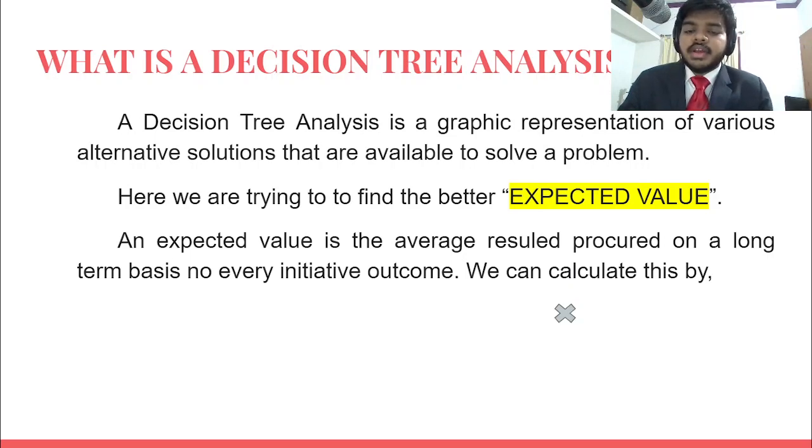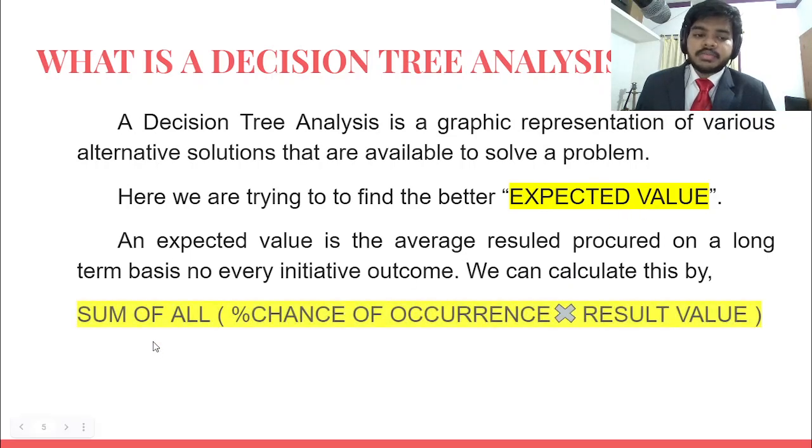The average earning of the week, you can say it as the expected value. So this is how we calculate the expected value: we sum all the percentage of chance of occurrence multiplied by the resultant value of that occurrence.